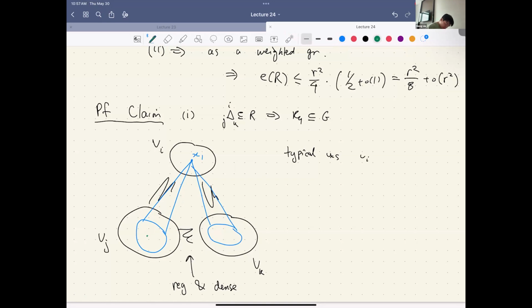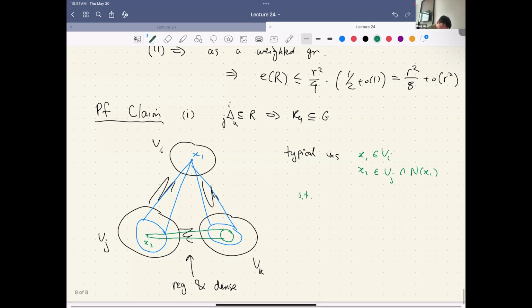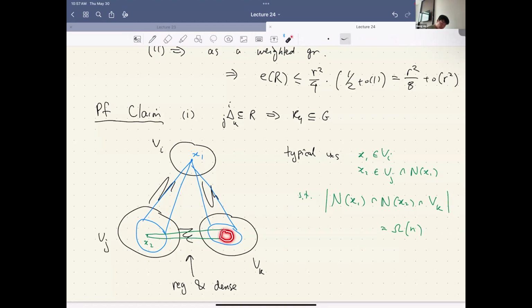Now I choose some x2 inside, update. Take two typical vertices, x1 in Vi, x2 in Vj, such that their co-neighborhood is linear size. That we can guarantee. Okay, this is the co-neighborhood.